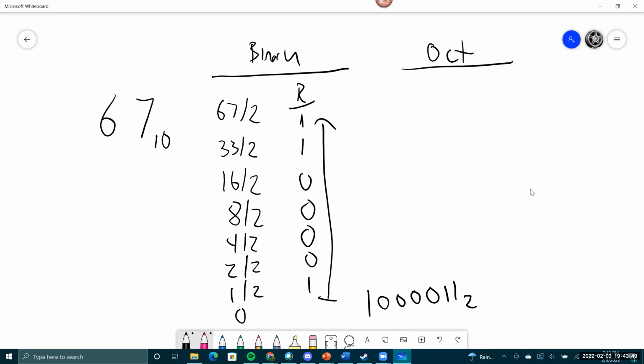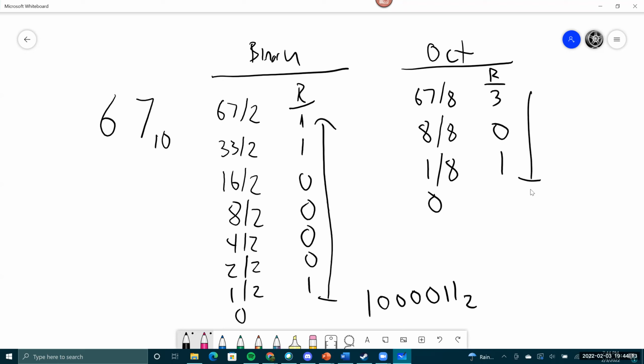All right, now for 67, I want to convert to octal. It's divide by 8. So 8 times 8 would give you 64 with a remainder of 3. And 8 divided by 8 again would be 1 with remainder of 0. And 1 divided by 8 would be 0 with remainder of 1.